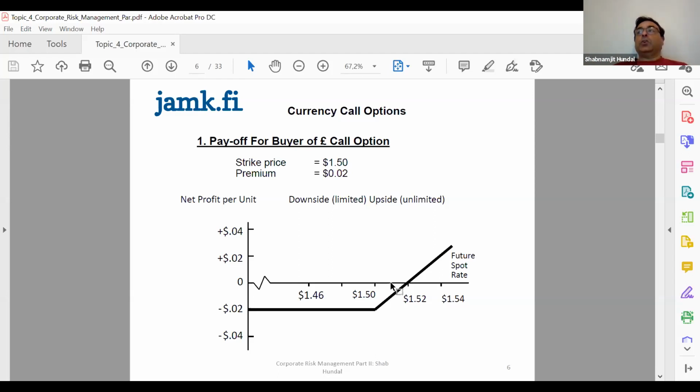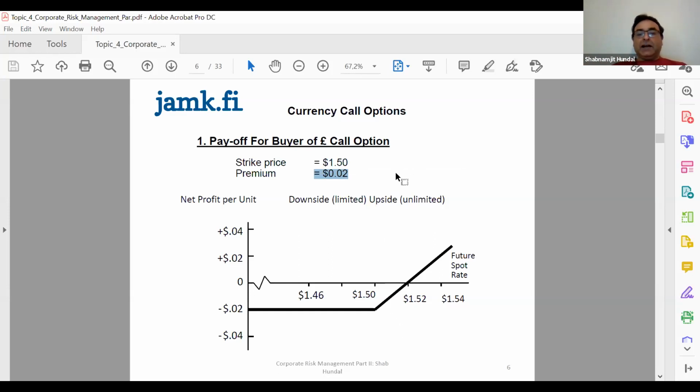So it means that altogether I pay 1.51 to this currency shop, and then 2 cents I paid to the broker in the beginning. So it costs me 1.53. But if I buy from the broker, he will only take 1.50, plus the 2 cents is already given to him.